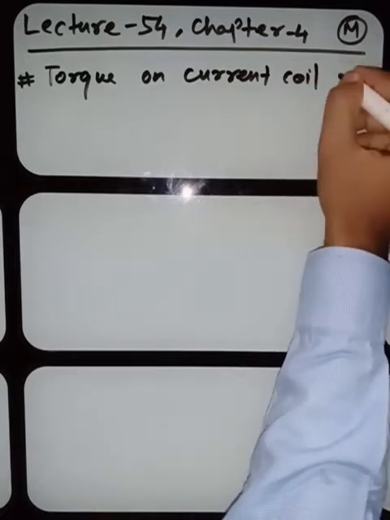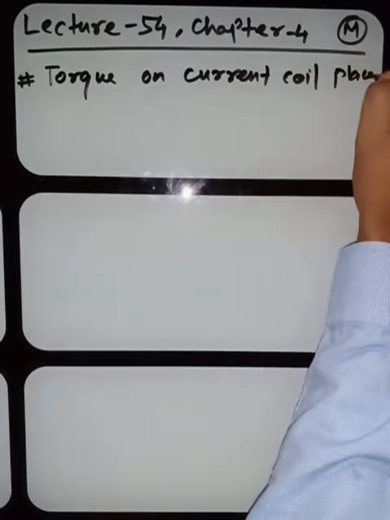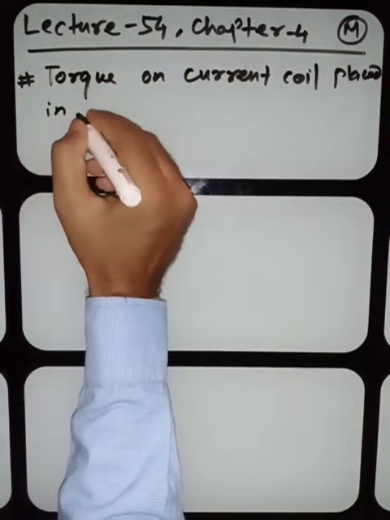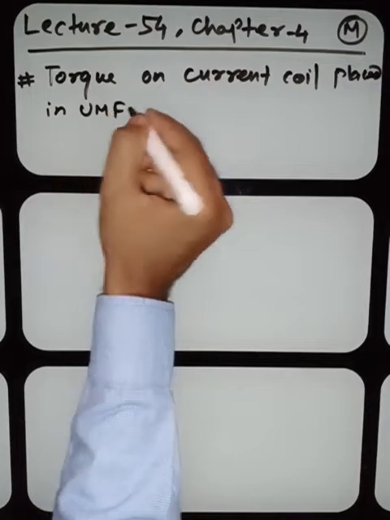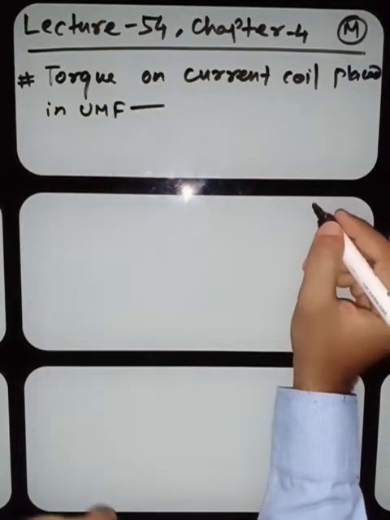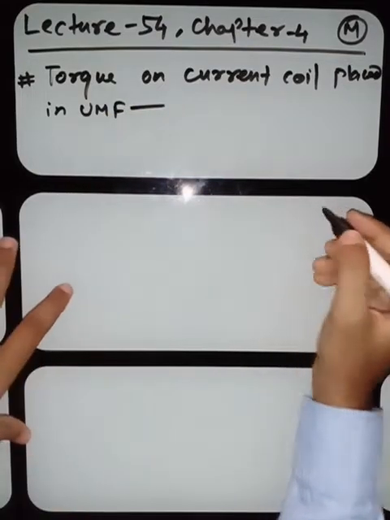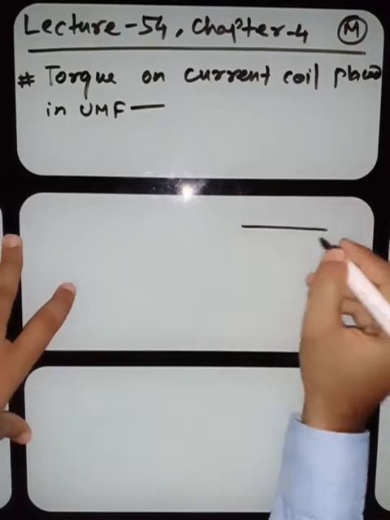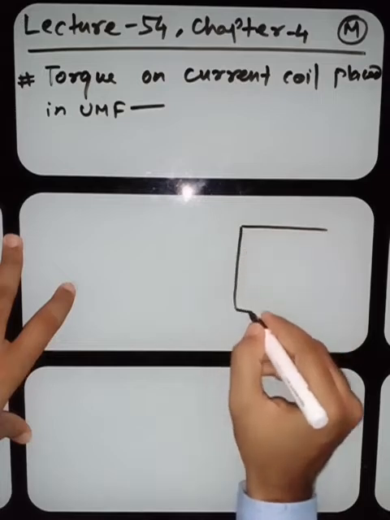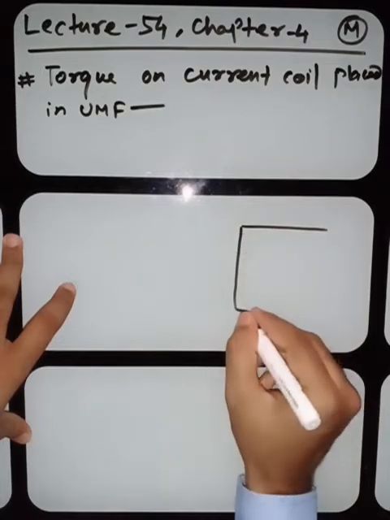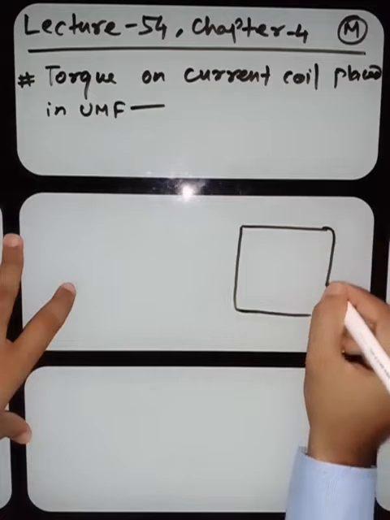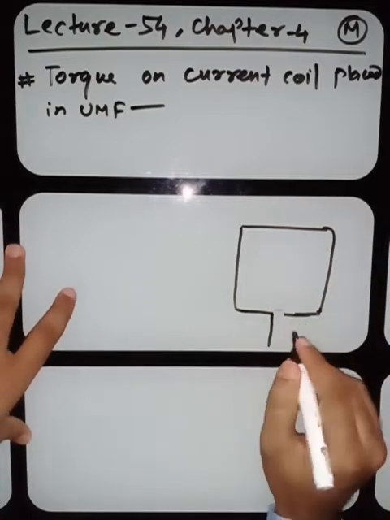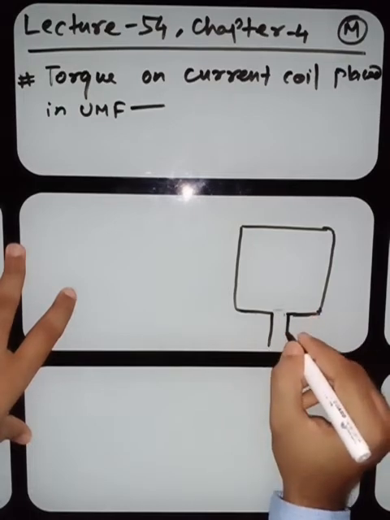Torque on a current coil placed in a uniform magnetic field. All right, my dear student. Suppose this is a current loop, this is a coil, and the current is moving.